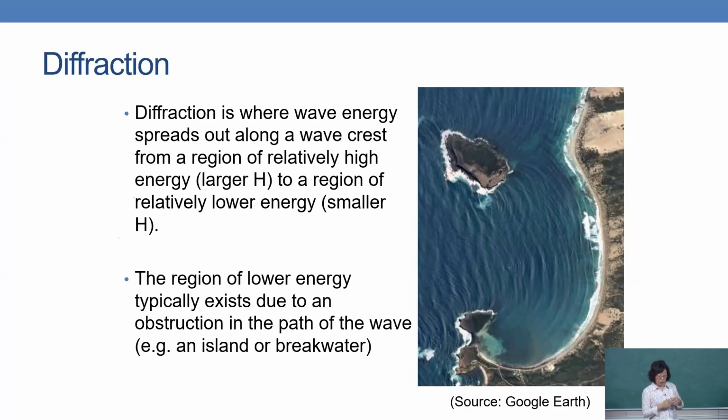And also the region of lower energy typically exists due to an obstruction in the path of the waves, for example, an island or breakwater, like this diagram, you are able to see. So if you have the wave propagated, then here will be the diffraction effect. And same thing over here, you are also able to see over here.